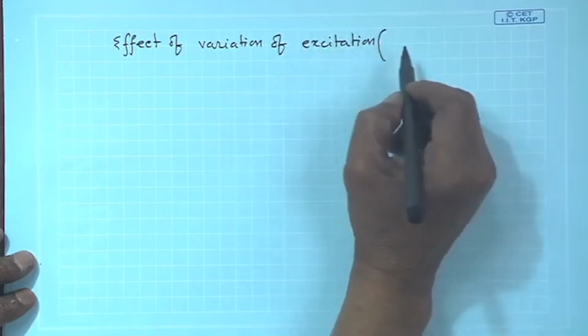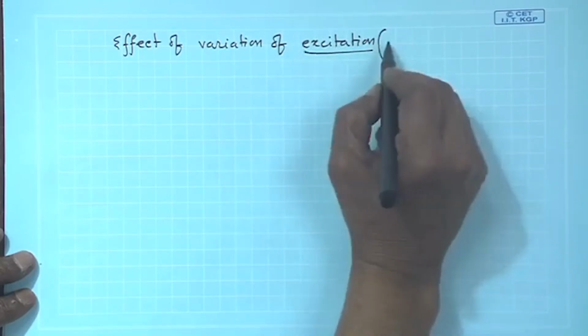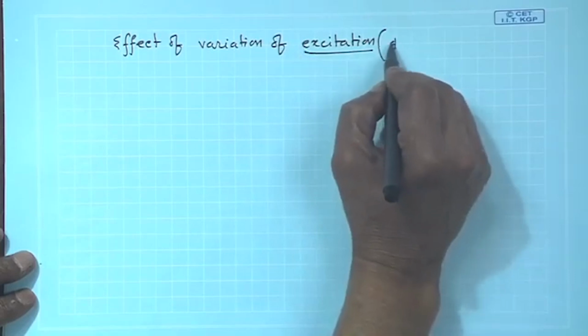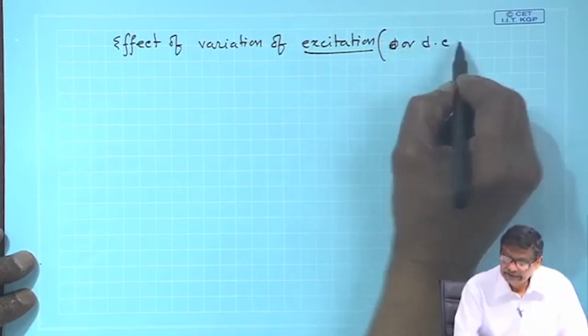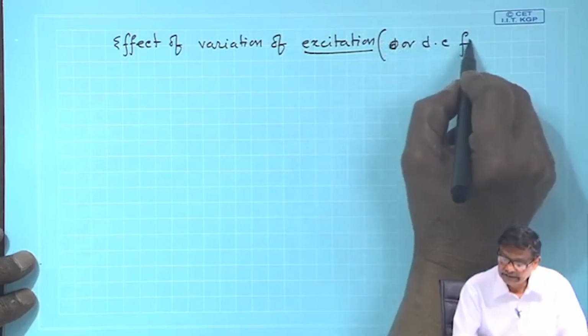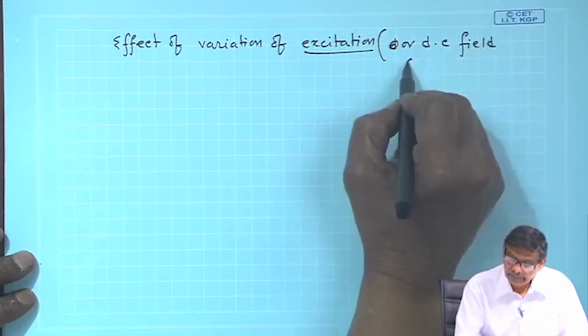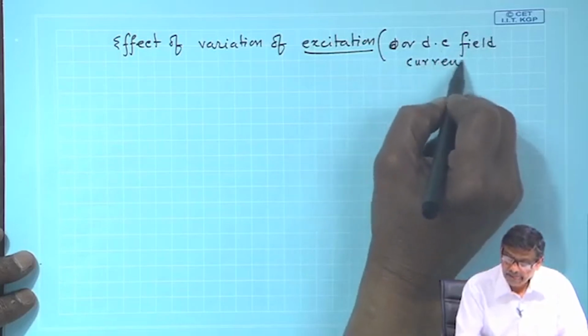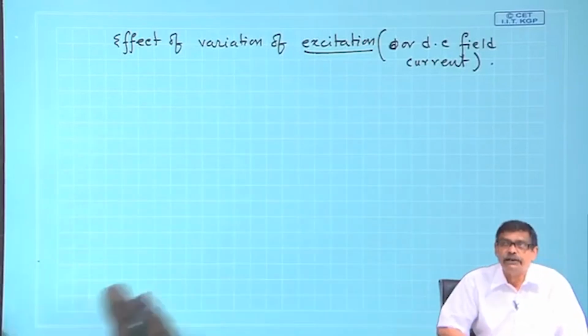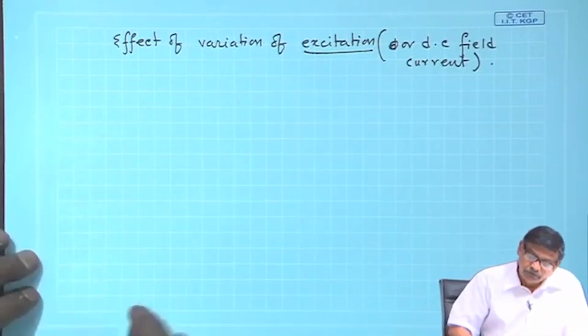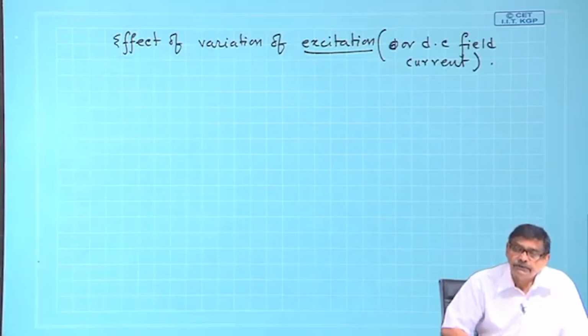Excitation means what? DC field current, variation of excitation or DC field current. That we will investigate. So, first we will do for generator mode, then I will do for motor mode.